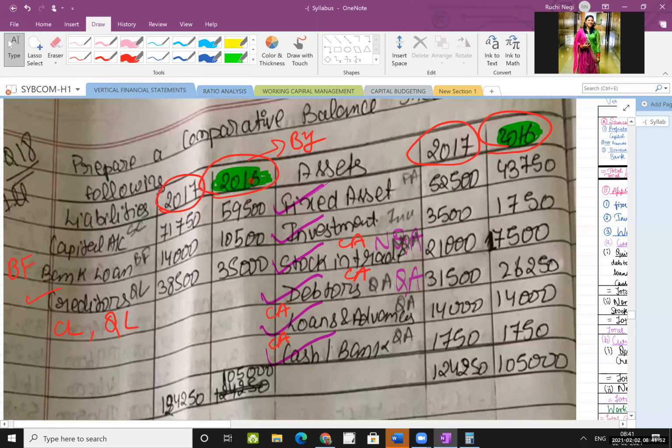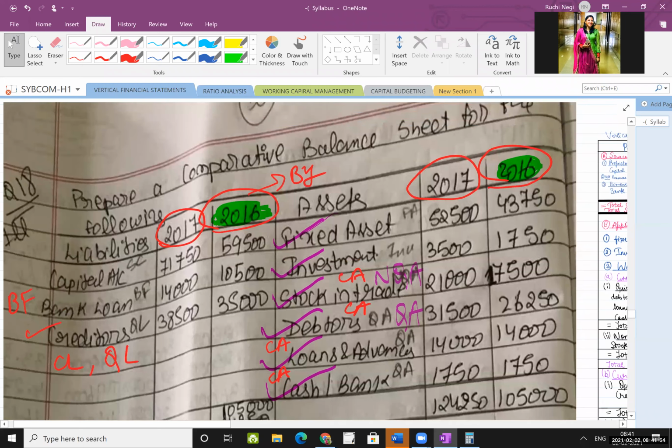So for 2016, you have to prepare a comparative balance sheet from this information. 2016 is my base year and 2017 will be my current year, or you can call it the next year. Okay, so let us start.